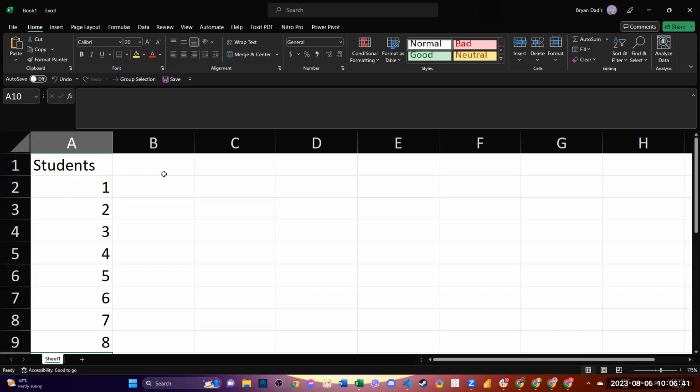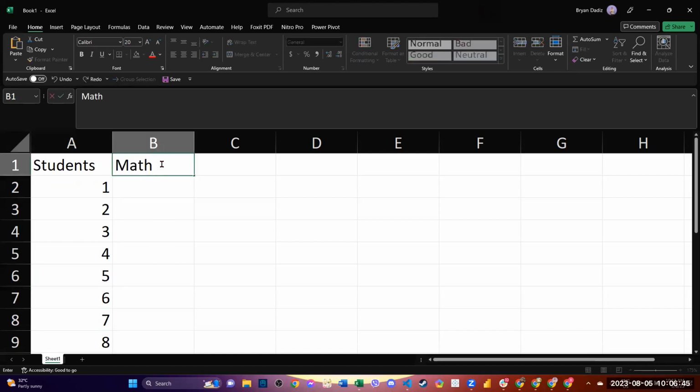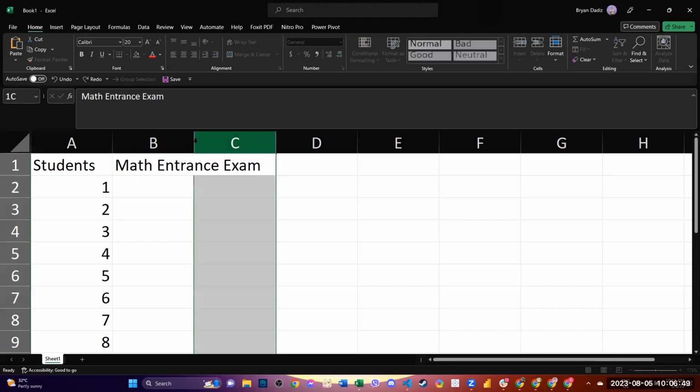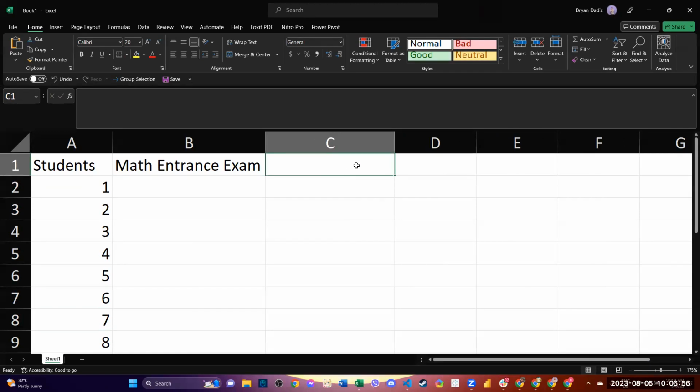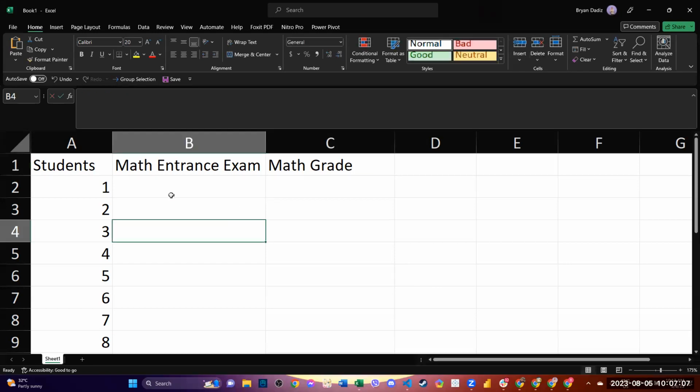So we have 8 students, and this is their math entrance exam result. And this is the math grade of the student.